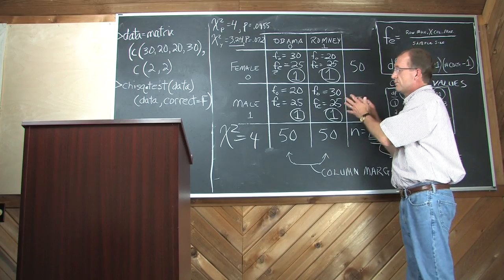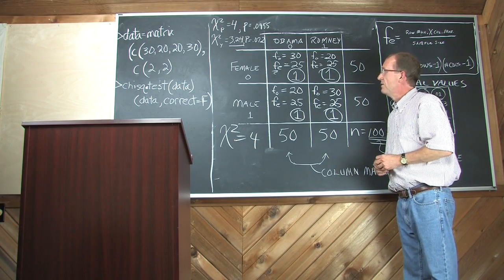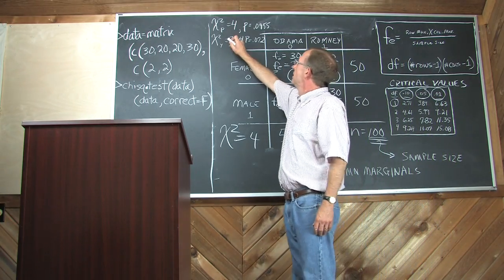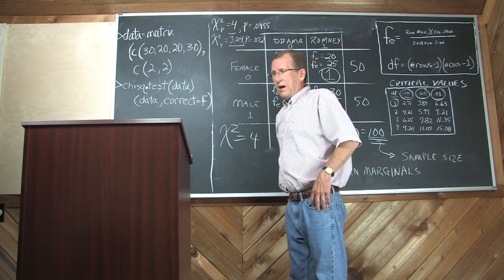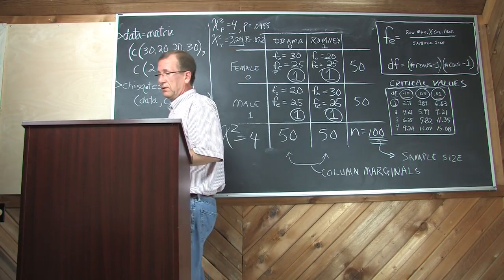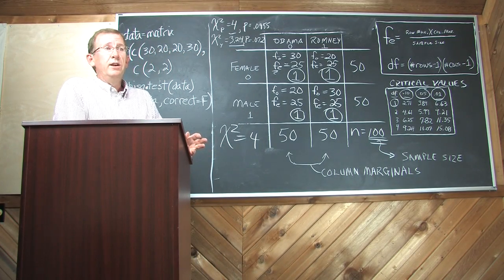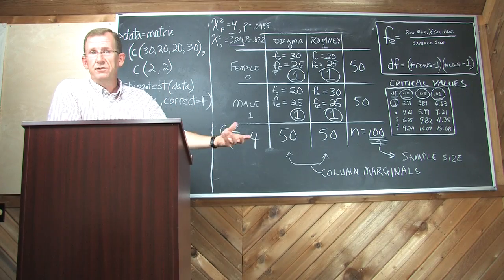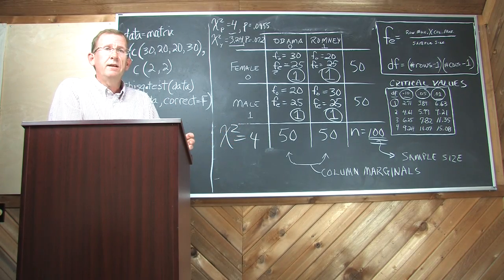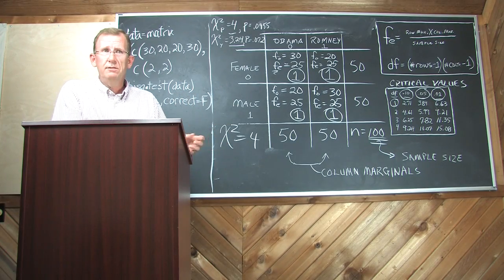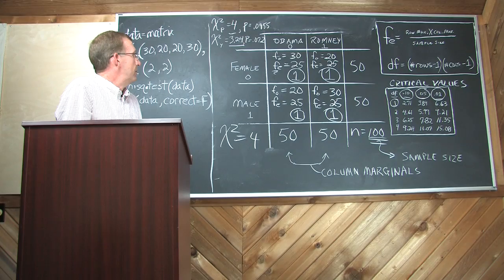And yet this particular relationship is so profound that in spite of that, we find with Pearson's chi-square a value of 4, which has associated with it a p-value less than 0.05, meaning that approximately 95 times in 100, if we did this again with a simple random sample of 100, we would get a result much like this.